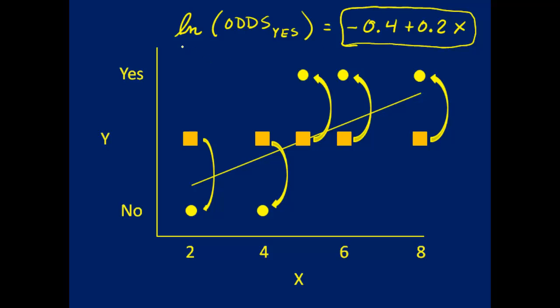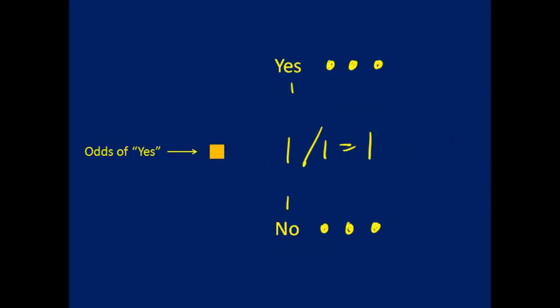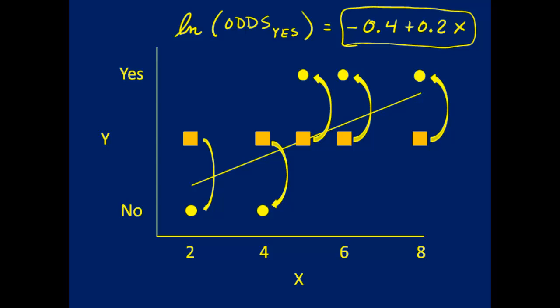Now, the natural log of the odds of a yes is not so intuitive. So it would be nice if we could have the more intuitive odds rather than the natural log of odds. So let's do a little bit of algebraic manipulation so that the structural part of the model is determining the odds of a yes from the random category generator rather than the natural log of the odds of a yes.